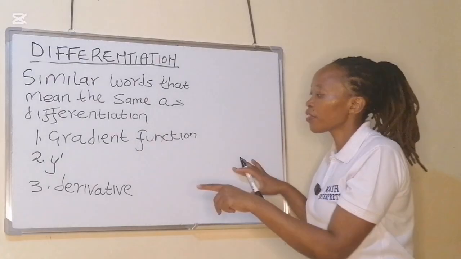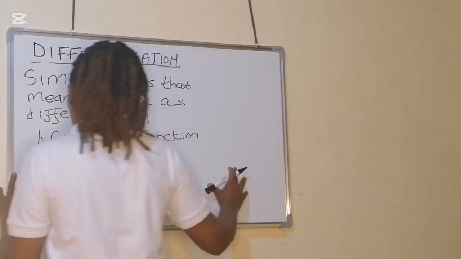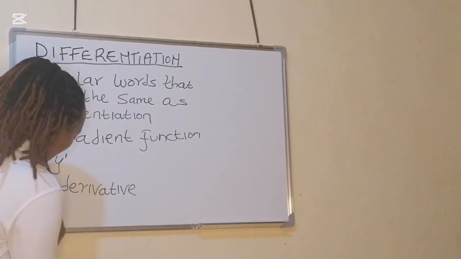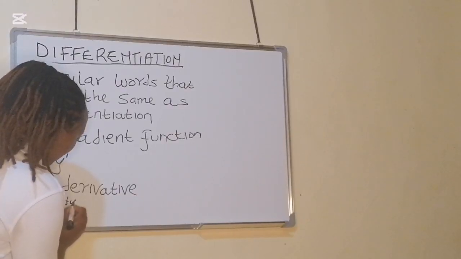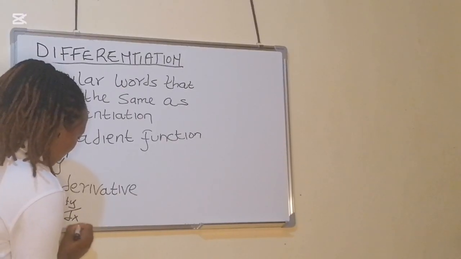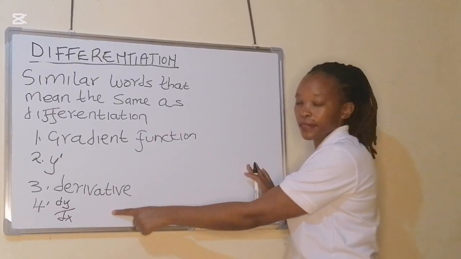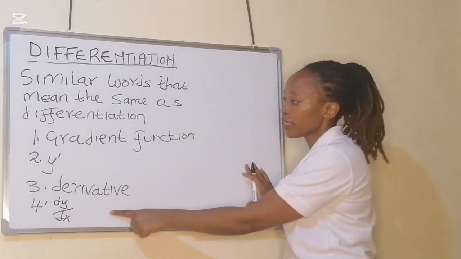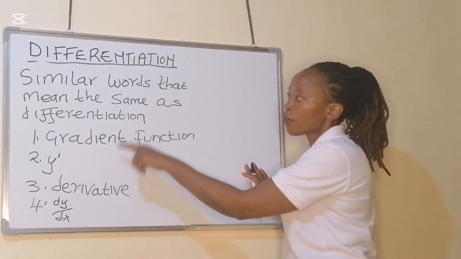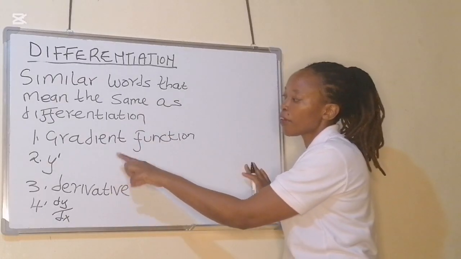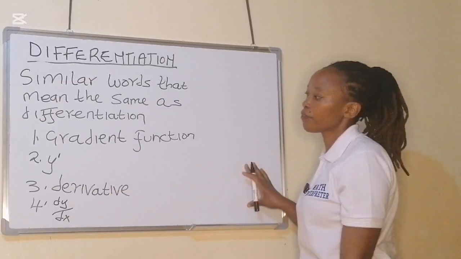The fourth one you can be asked is to find dy by dx. So there are four similar words that mean the same as differentiation.